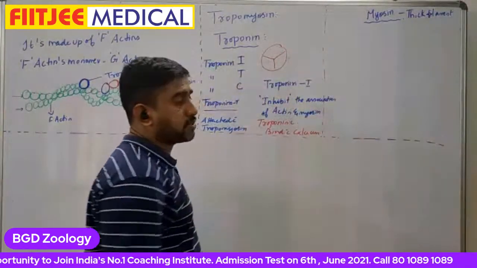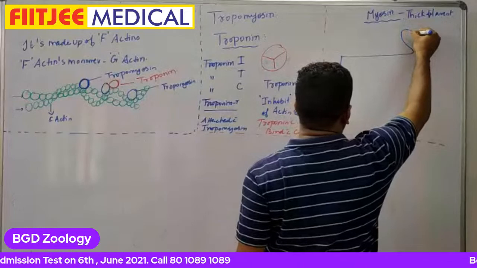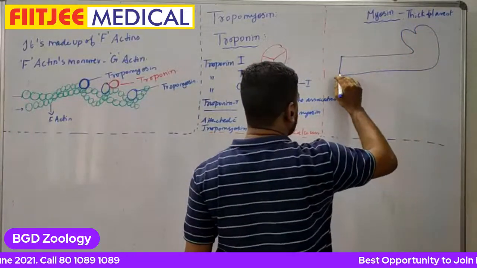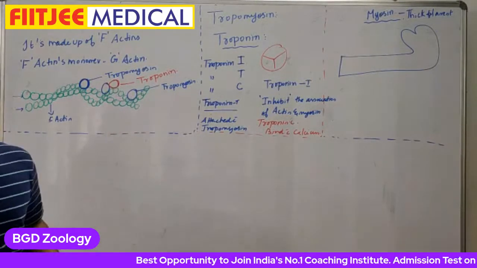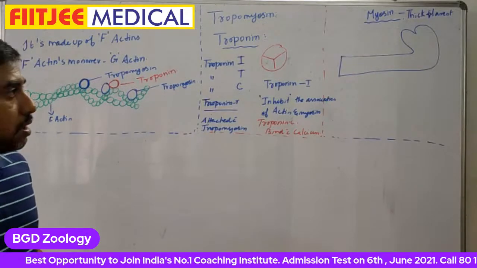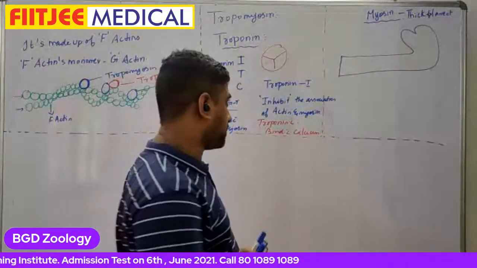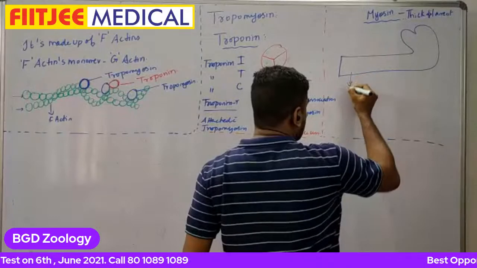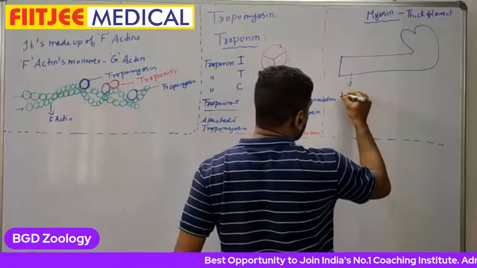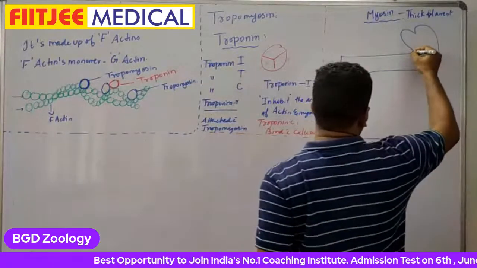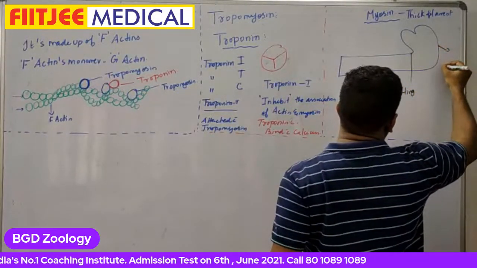Now let me look at the next, the structural part. This is myosin. Just look at that. Myosin has two parts. You can also say three parts. This lengthy part, you can call the tail. This part we call the hinge. And finally, this part you call the head.